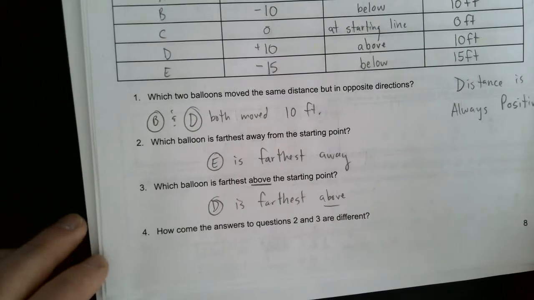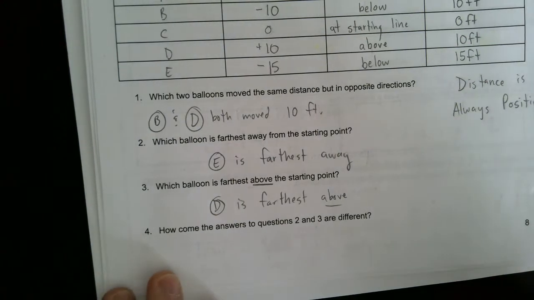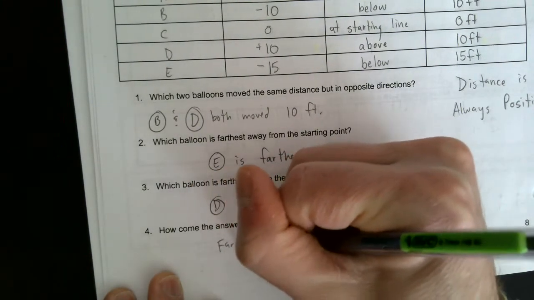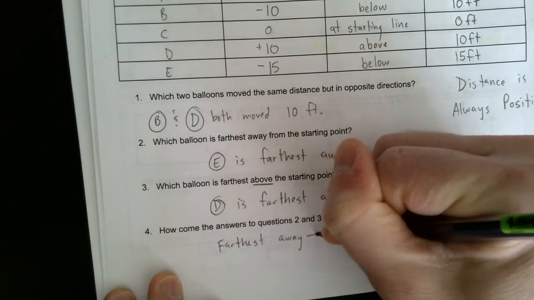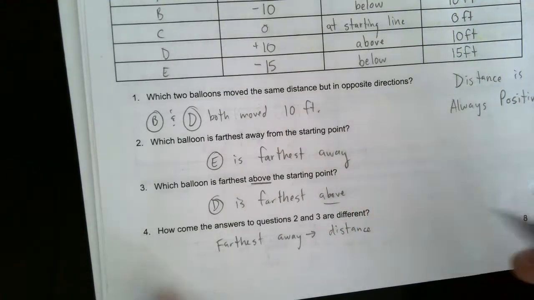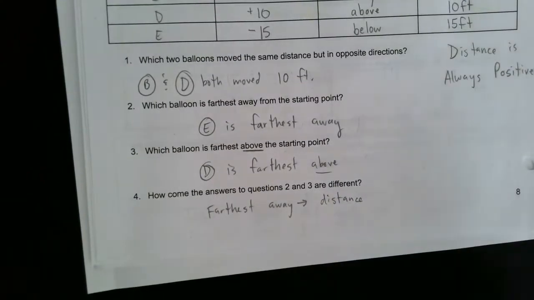And it says, how come answers to questions 2 and 3 are different? Well, the reason is because this idea of farthest away is about distance. It doesn't matter if it's above or below. It's just of the ones that are above or below, which one's the farthest away.